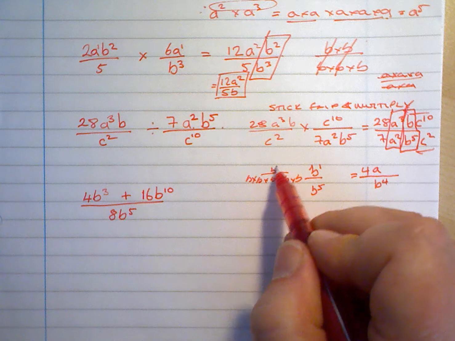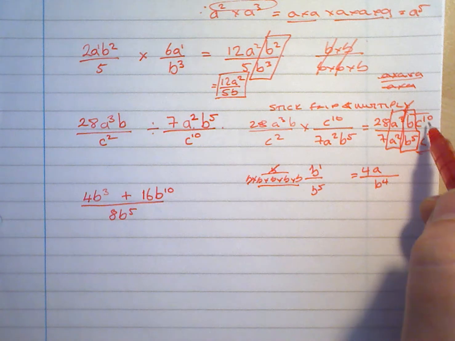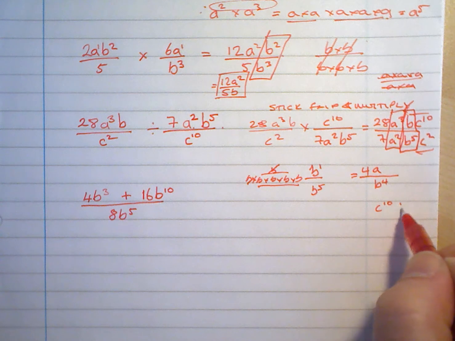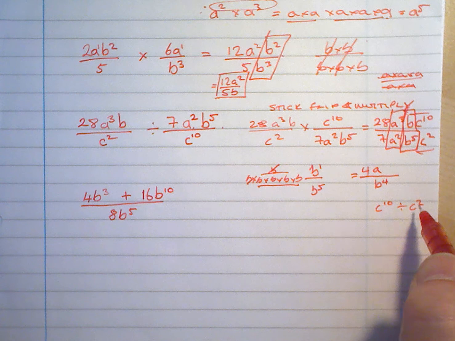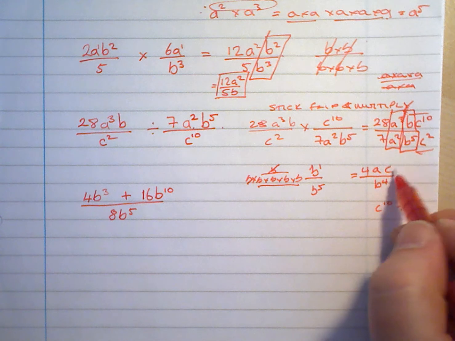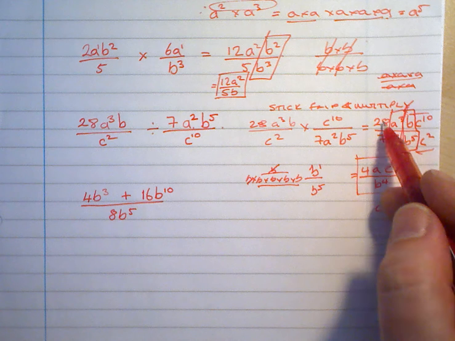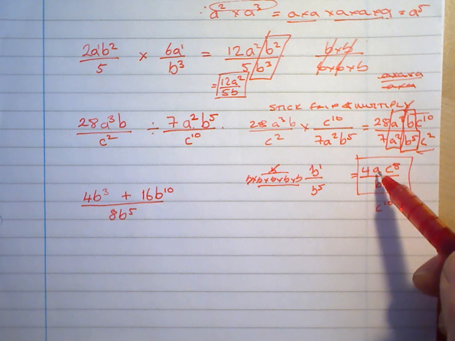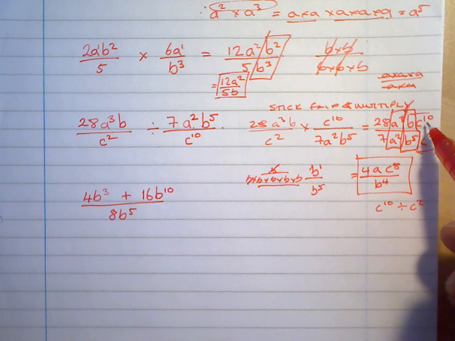And only one of the b's cancels, so you still got b to the 4 at the bottom. And here we've got c to the 10 divided by c to the 2. And you'll remember that when we divide, we subtract the indices. So we're going to get c to the 8. So my final answer is 28 divided by 7 is 4. You have an extra a at the top, so there's only 1 a at the top. You've got 4 extra b's at the bottom, and you've got 8 c's at the top.